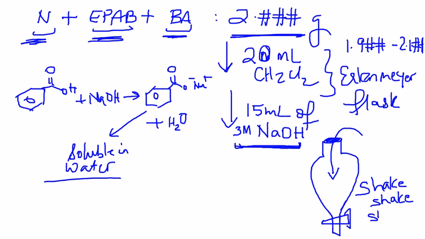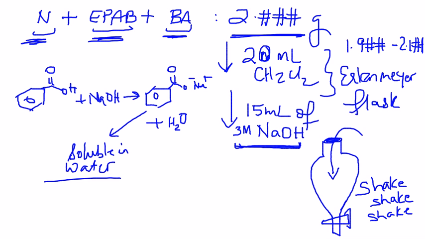As you shake, you obviously have to release the pressure. If you don't, you would feel that the glass stopper would want to go through the champagne trick and probably would want to hit somebody. So make sure that when you release the pressure, you invert the separatory funnel and you release the nozzle.